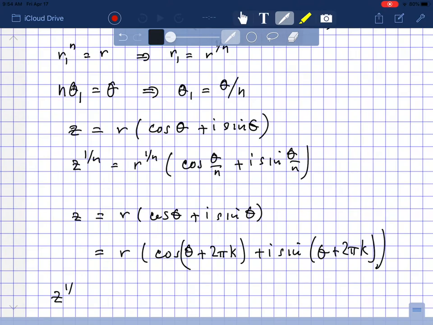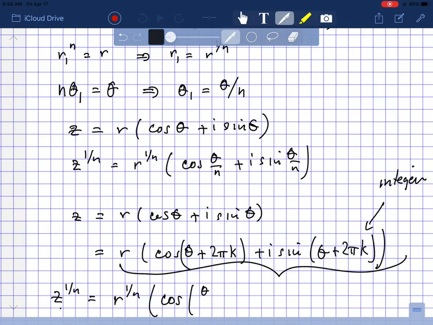So if I'm looking at the nth root of z, and I have a polar representation of z in this form, where k happens to be an integer, then the nth root of z is going to be r to the 1 over n power times the cosine of theta plus 2 pi k divided by n plus I times the sine of theta plus 2 pi k divided by n.